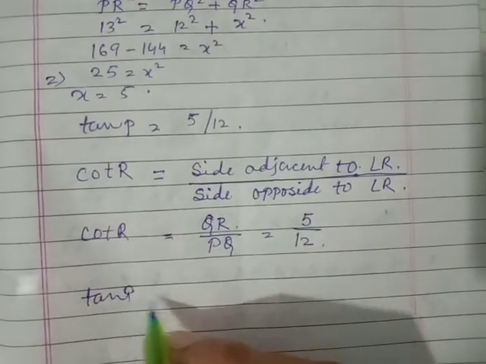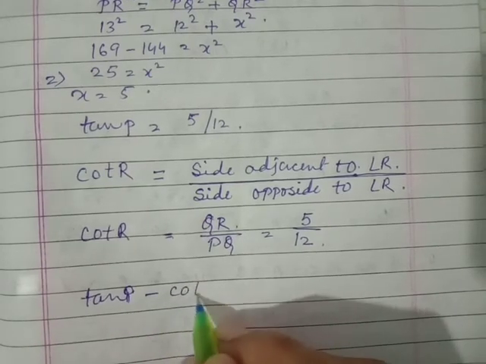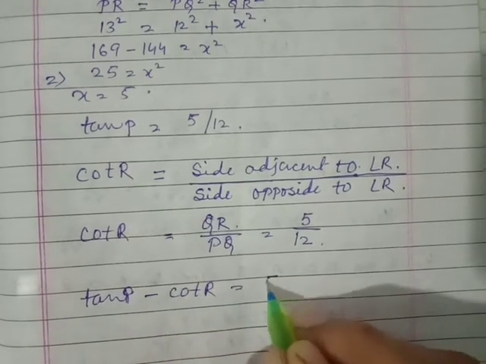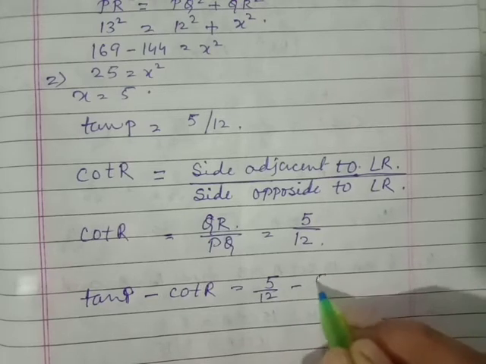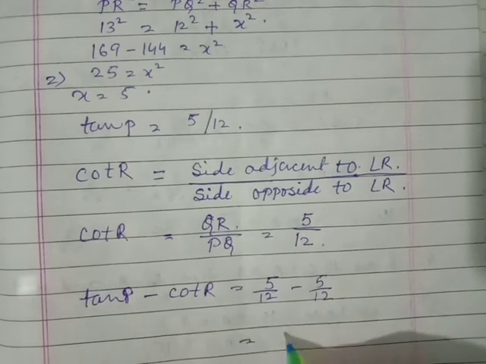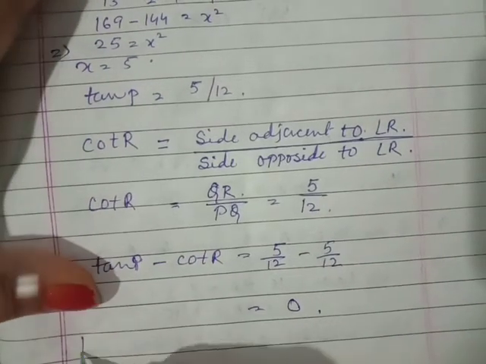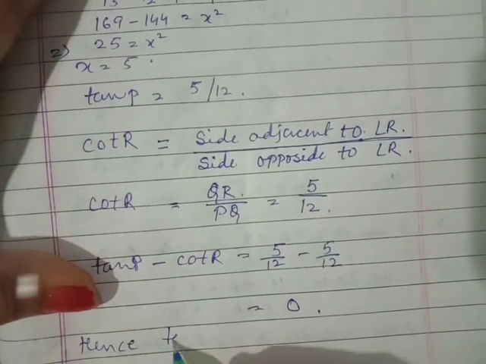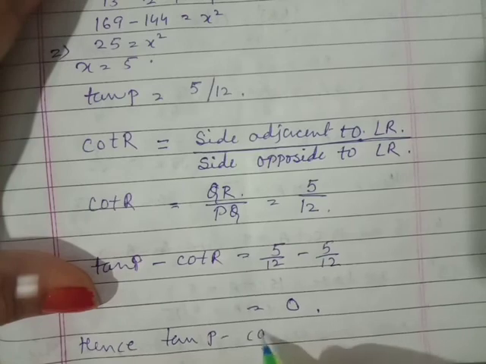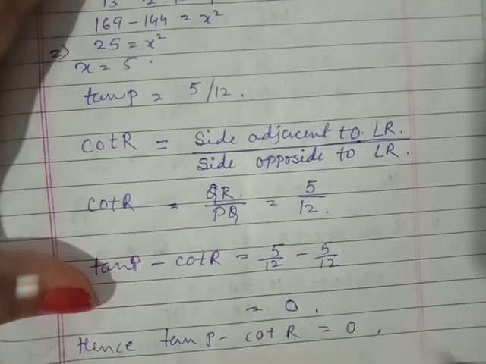Tan P minus cot R is equal to 5 by 12 minus 5 by 12, which is equal to 0. Hence tan P minus cot R is equal to 0.